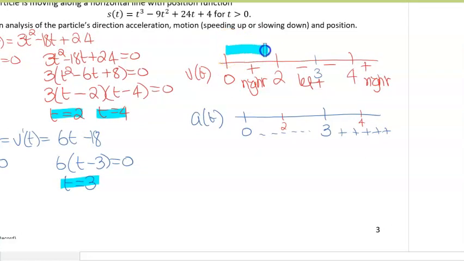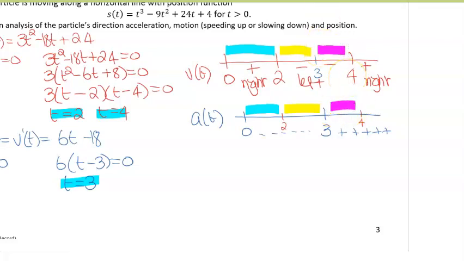Between 0 and 2, between 2 and 3, 3 and 4, and then 4 and infinity. And highlight places where they're the same or different.